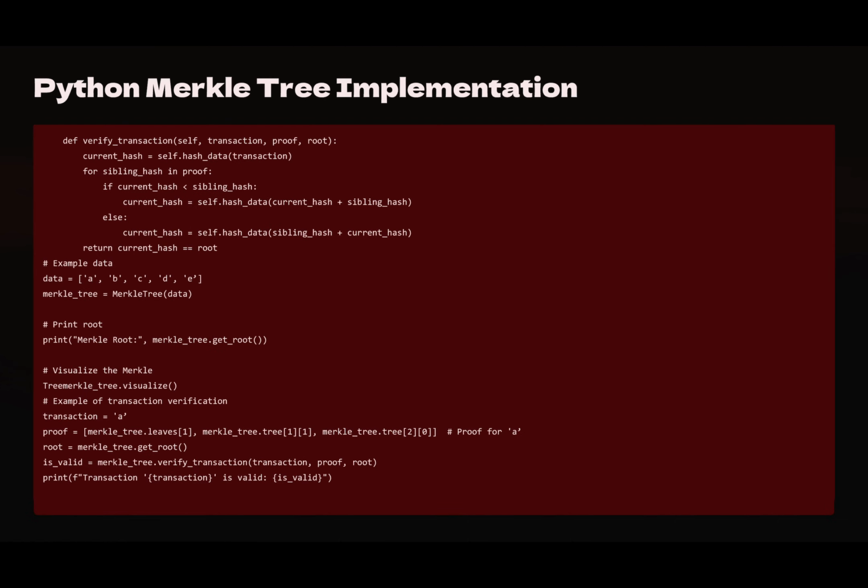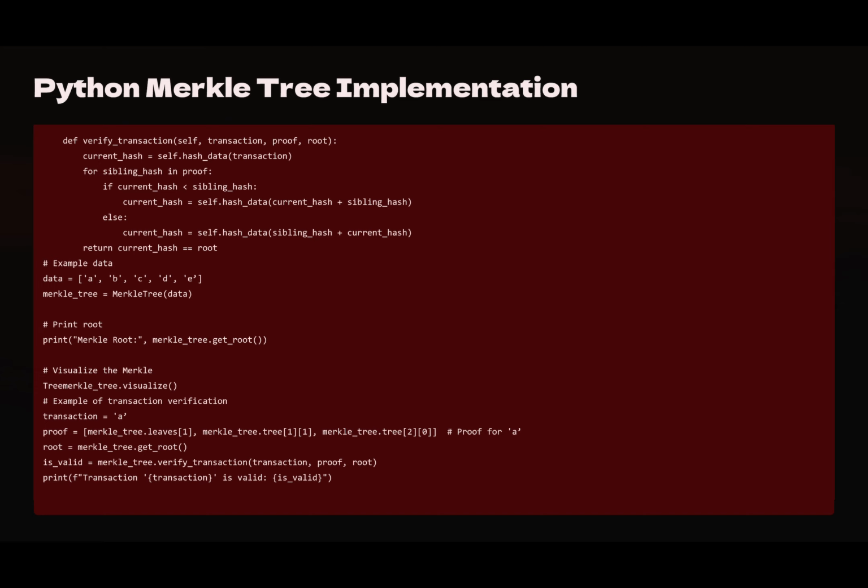This slide explains transaction verification in the Merkle tree. To verify a transaction, it is hashed and the corresponding proofs, like the sibling hashes, are used to reconstruct the Merkle root. If the reconstructed root matches the stored Merkle root, the transaction is valid, right?